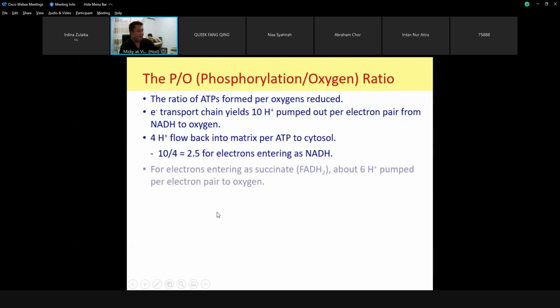I hope that is clear. For FADH2, 6 hydrogens over the 4 that go into the stalk. So 6 divided by 4 is 1.5. So it's not 2, which was introduced to you earlier: 1 NADH 3 ATP, 1 FADH2 2 ATP.